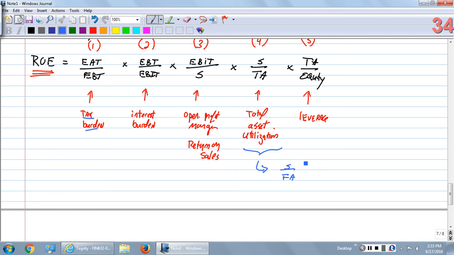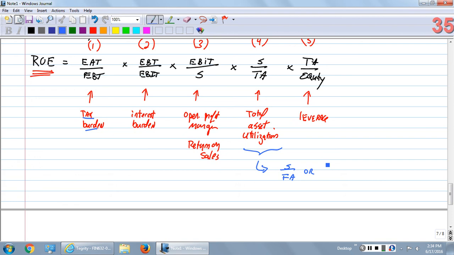We could see if it is in fact ratio number 4 that's lagging. When you think about it, your total assets equal your fixed assets and your current assets. So we could break it down and look, okay, let's look at our fixed asset side. Or perhaps if it's not one of those, it could be our current assets.